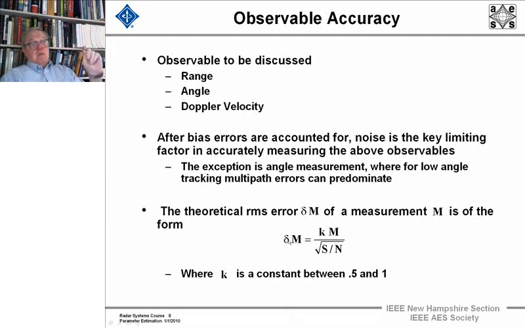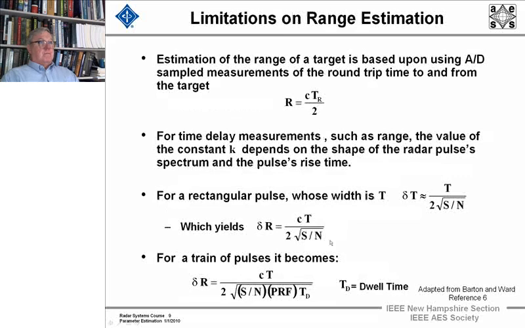What fraction of a beam width can you measure? Or what fraction of a range cell, a Doppler velocity? And it's K times M, that measurement of the range cell, divided by the square root of the signal-to-noise ratio in natural units. Now let's look at the limitations on range estimation.